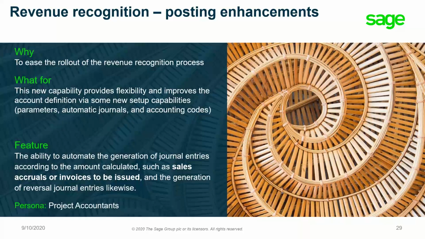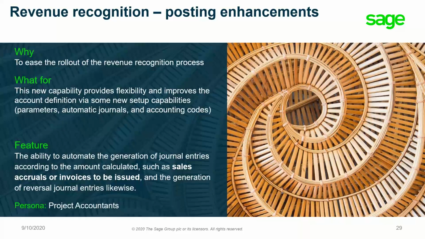This one provides flexibility and improves the account definition via some new setup capabilities such as parameters, automatic journals, and accounting codes. So it's more for our consulting, professional services, or our partner consultants to set up the right accounting rules based on the business requirement.